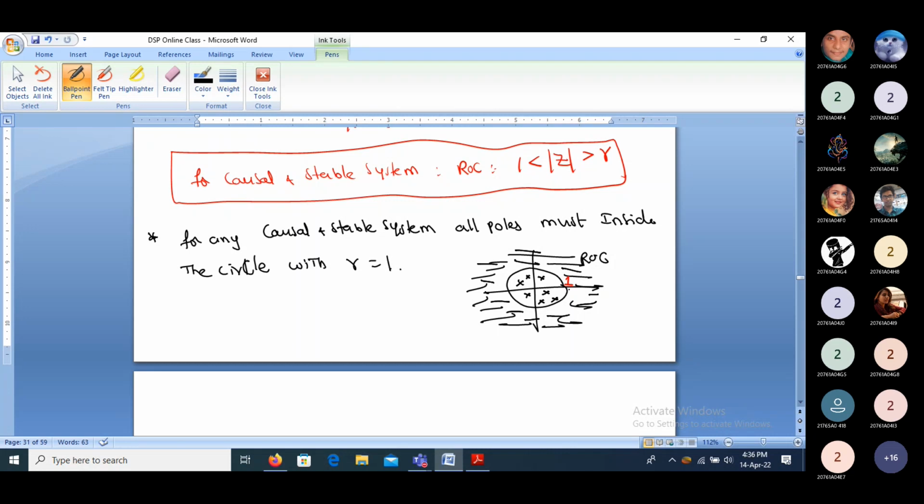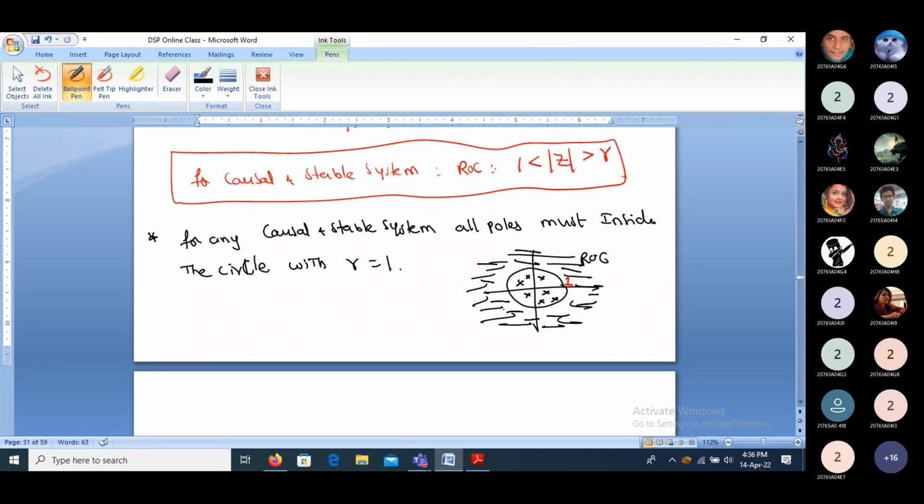It is nothing but like the Laplace transform. All the poles must be on the left side of the S plane for a stable and causal system. If any one pole is located on the right side of the S plane, the system is said to be unstable in the case of the Laplace transform. Similarly, here also the same thing.